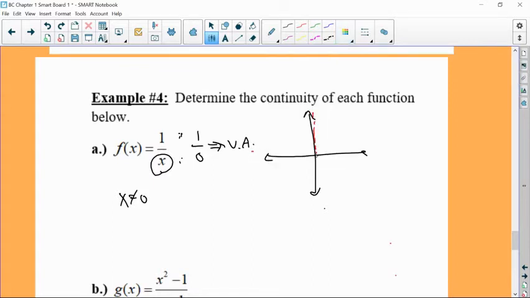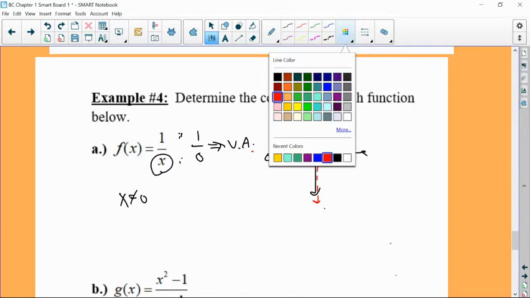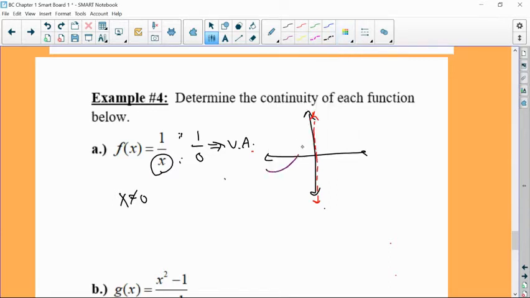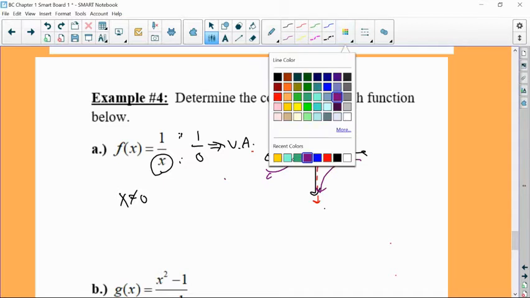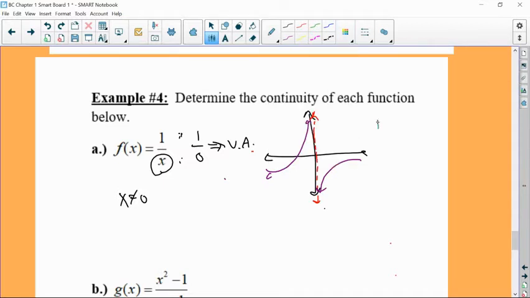So when it just asks to determine or analyze and discuss our function, there's not a lot of rigor in terms of proving that it's discontinuous. It doesn't ask me to prove the limit from the left doesn't equal the limit from the right, so one side's up, one side's down. So that's the discontinuity. It's non-removable.